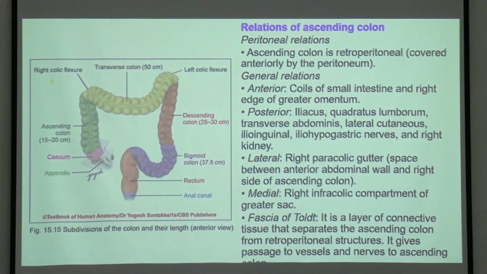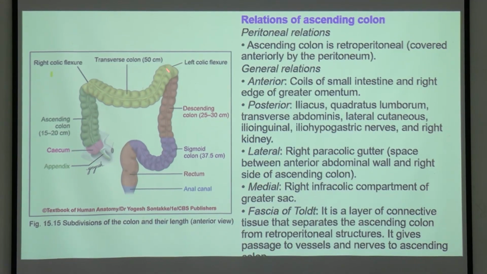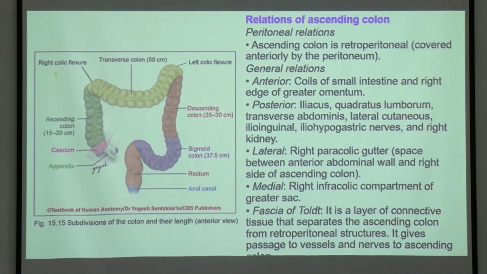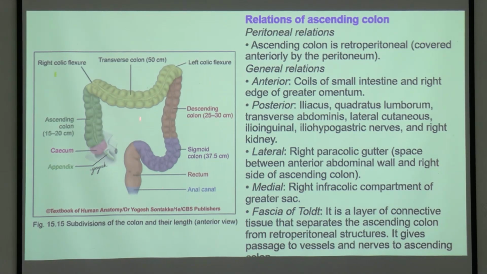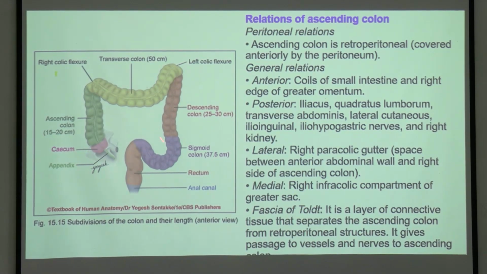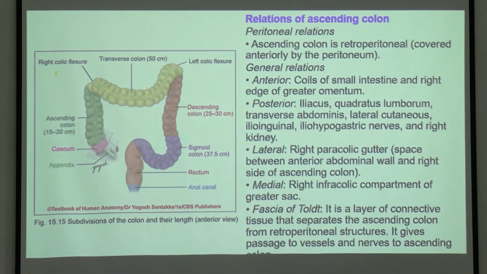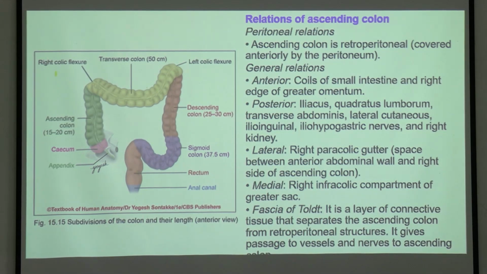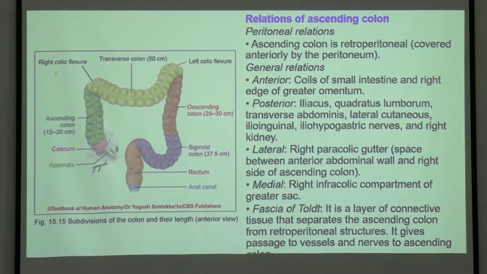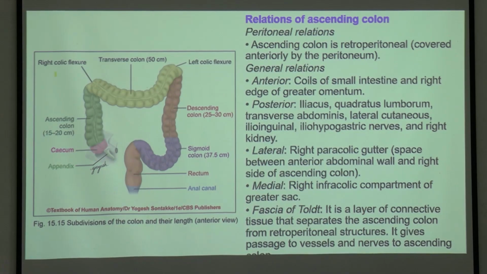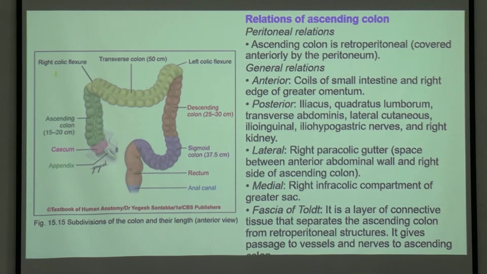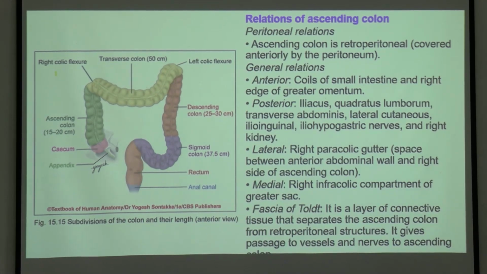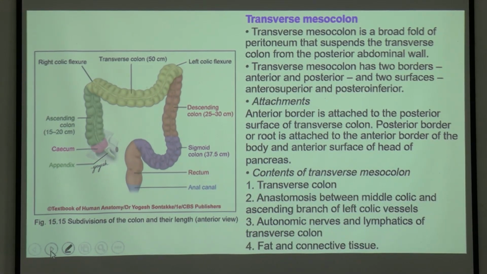These peritoneal folds are called, in the case of the transverse colon, the transverse mesocolon. Similarly, the peritoneal fold by which the sigmoid colon is hanging from the posterior abdominal wall is called the sigmoid mesocolon. Okay. So what I was saying, that is the transverse mesocolon.